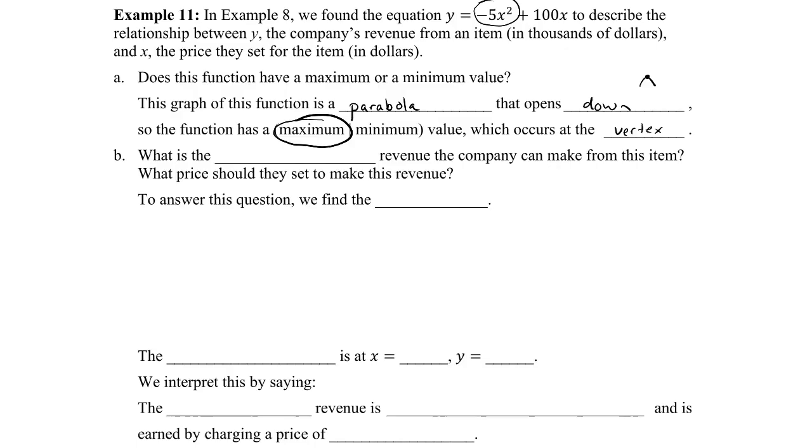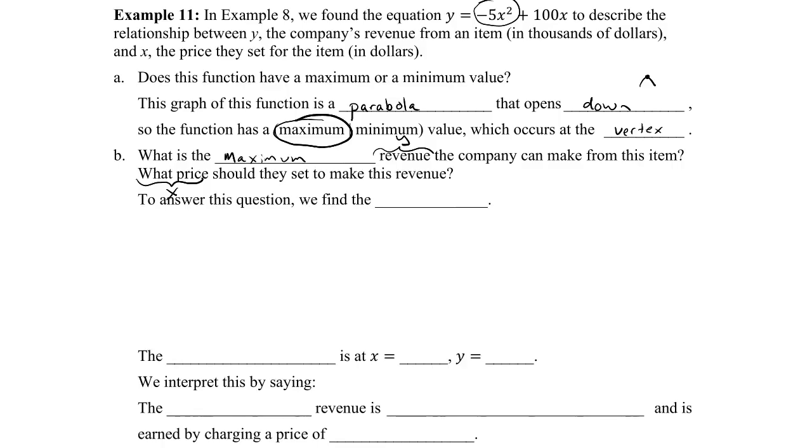And so we can use this function to ask the question, what is the maximum revenue that the company can make from this item? And then we're also going to answer the question, what price did they set to make this revenue? So the revenue is going to be a value of y, and the price is going to be a value of x.